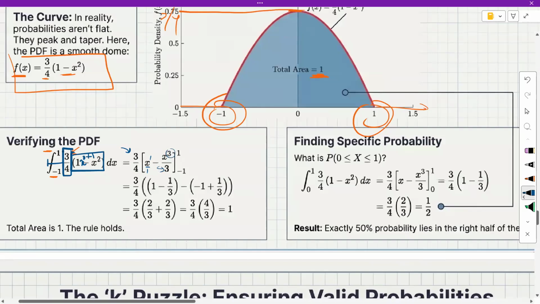Upper boundary is 1 and lower boundary is -1.